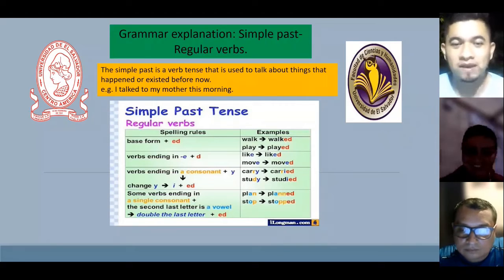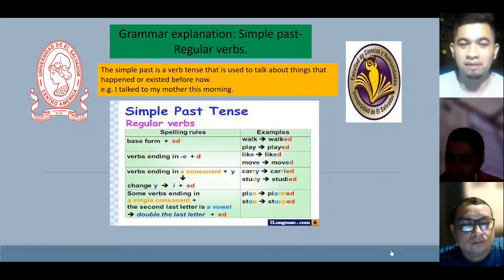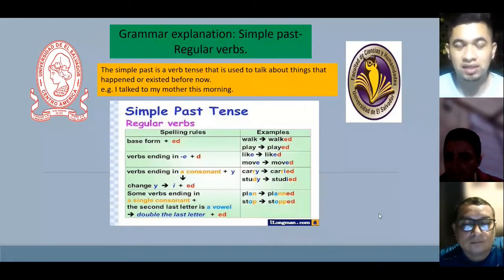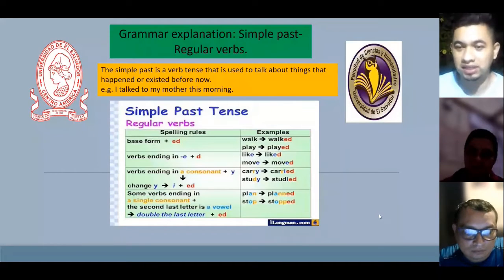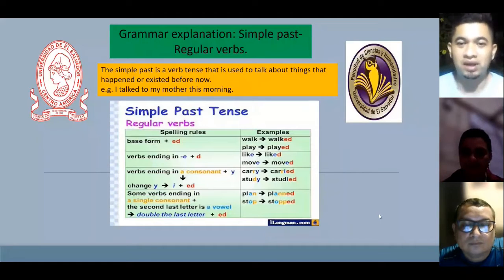Okay, the second rule is that if the verb in the base form ends in E, we are going to add a D at the end, okay? So we have here some examples. Like, in the past form is going to be liked.